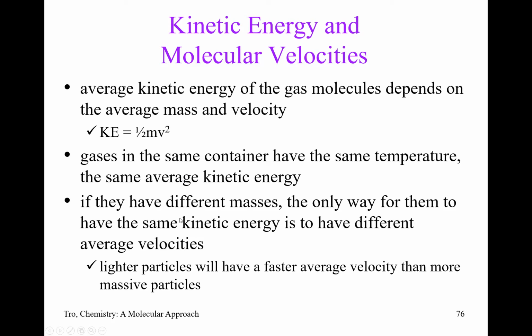This is pretty similar to the dilution equation, M1V1 equals M2V2, except it's 1/2 m and v is squared. So what it means then is the lighter gases are going to have a faster speed than the heavier ones.